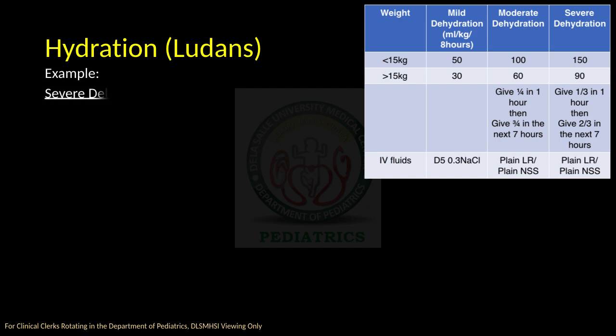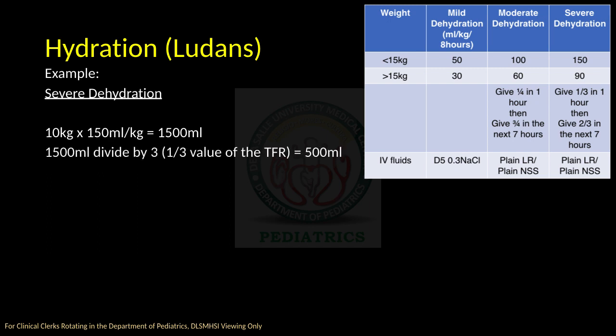For severe dehydration, using the same weight example, 10 kilograms multiplied by 150 for severe dehydration, and you will get a product of 1500 cc. Divide it by 3 to get the one-third value of the total fluid requirement, which is 500 ml. Order in the chart, plain LR or plain NSS 500 cc to run for 1 hour.